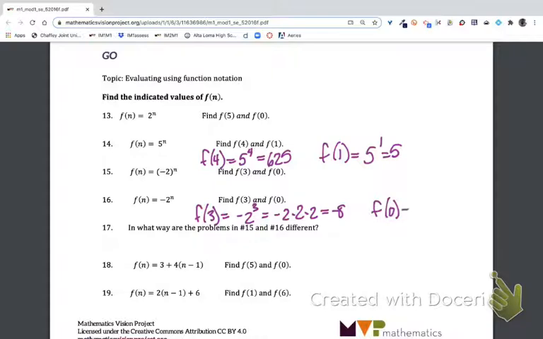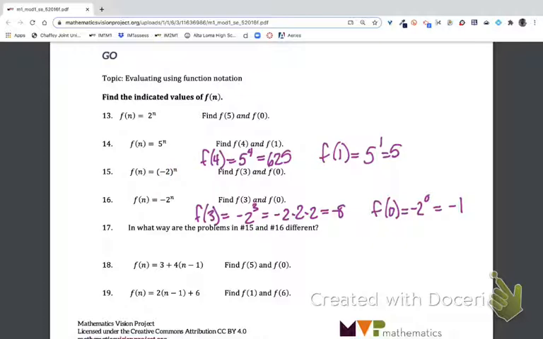F of 0, -2 to the 0 power, would end up giving me a -1. Again, that negative is not associated with the exponent. It would be for number 15 because it's all in the parentheses there.